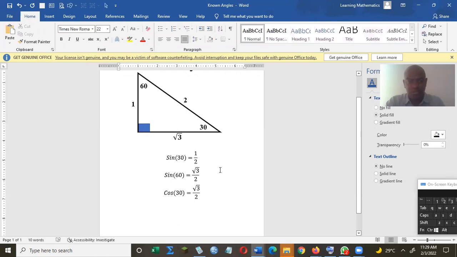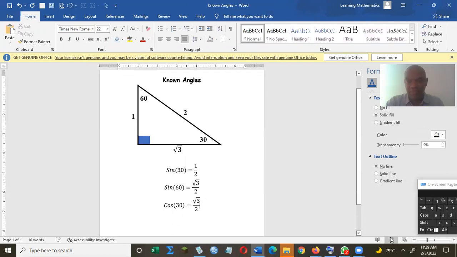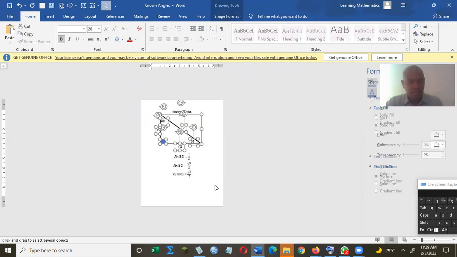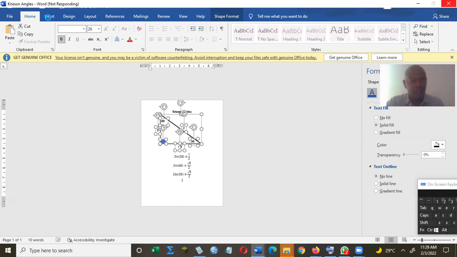The other one that you must remember also is the 45. Tan of 45 is 1. So that same analysis can be done at 45 degrees. The side adjacent to 45 is equal to the side opposite to 45.